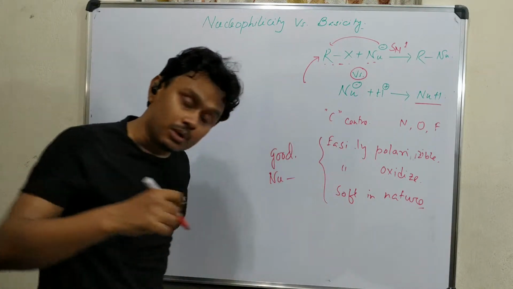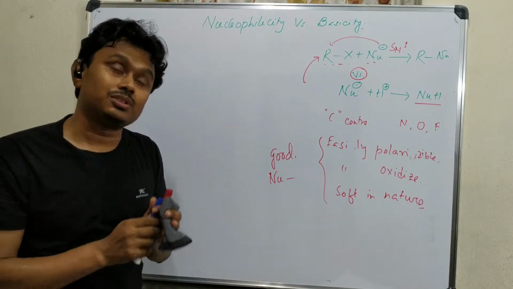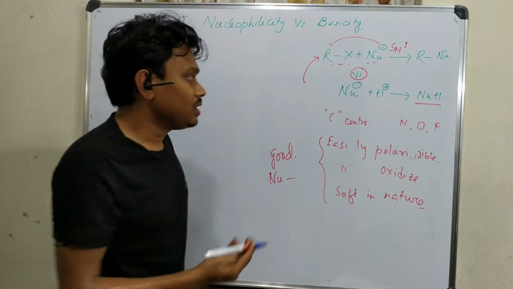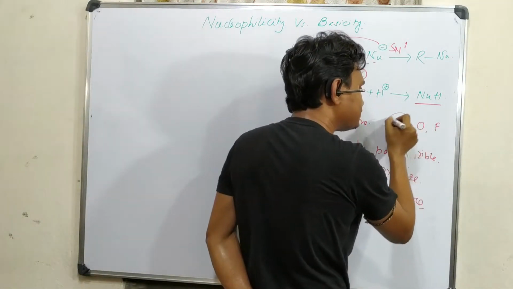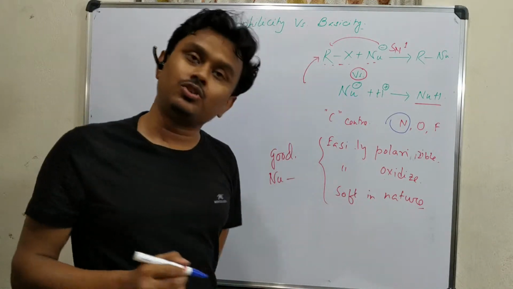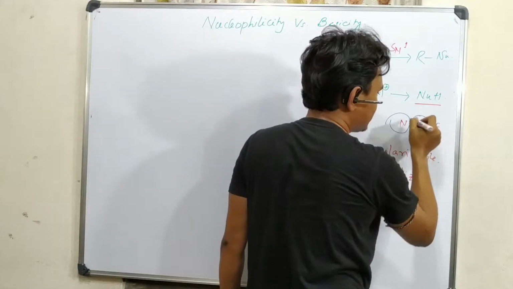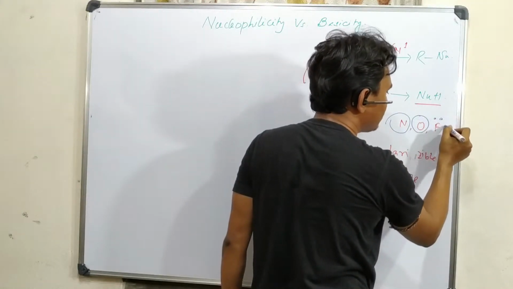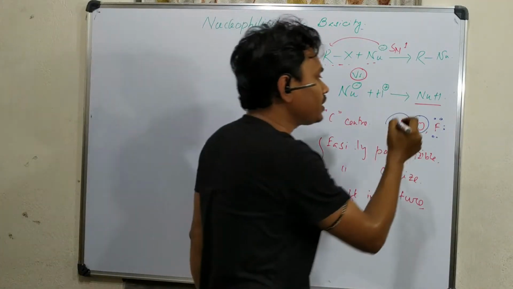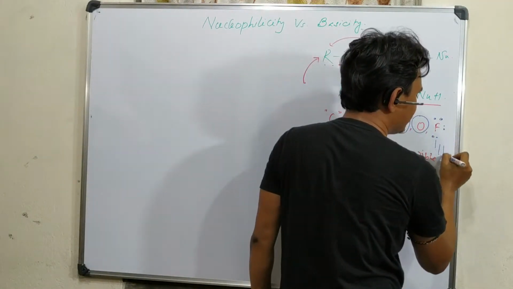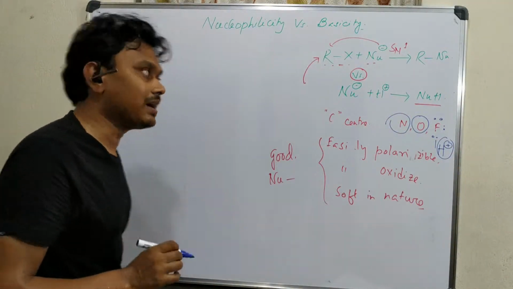On the opposite side, basicity is associated with the hardness of a molecule. So a hard center is needed, meaning higher electron density, difficult to polarize and difficult to oxidize. They have a very high electron density, so they will prefer to give their electron to the hard center, that is the proton. This is the typical definition of basicity.